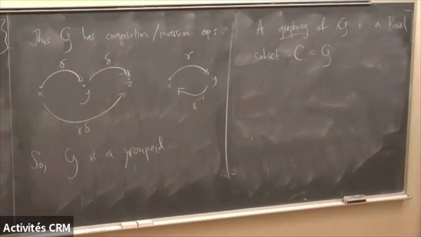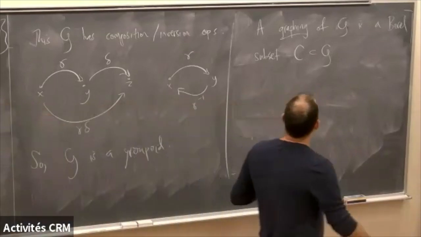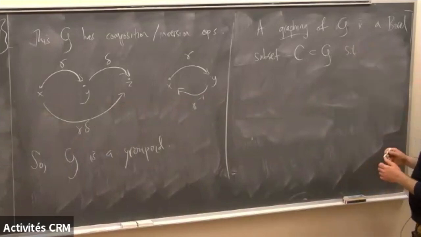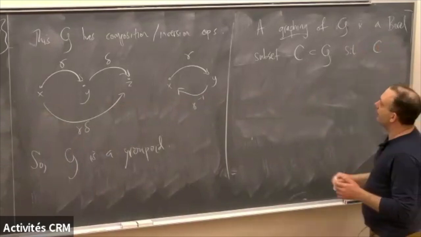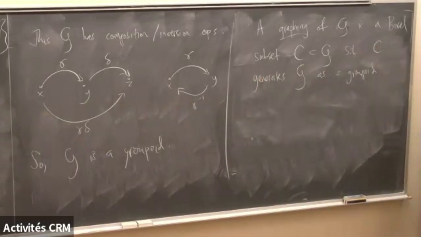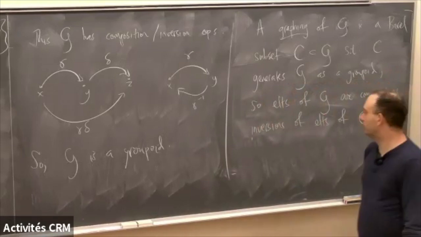G sits inside of X cross Gamma, so this space has a Borel structure, and I want C to be Borel in that sense. And I want this C to generate G as a groupoid. That just means that every element of G is obtained from things in C by compositions and inversions. So what's an example?